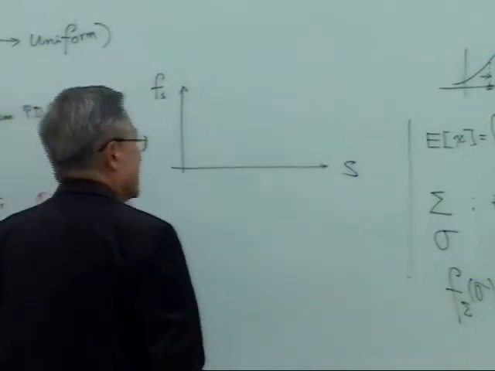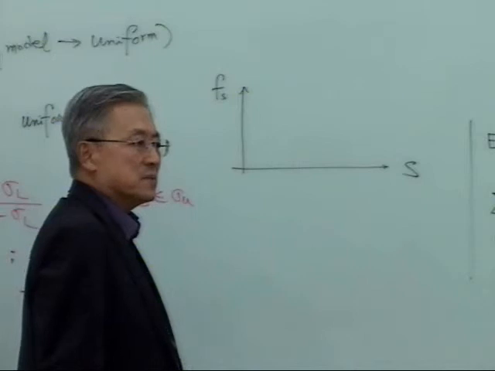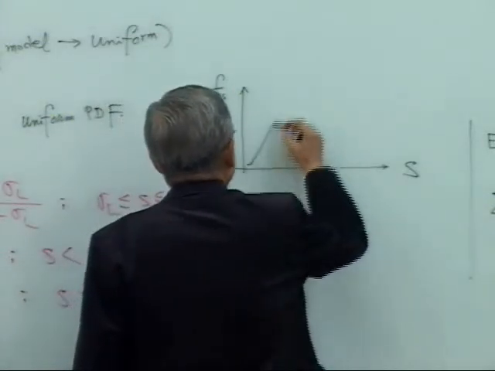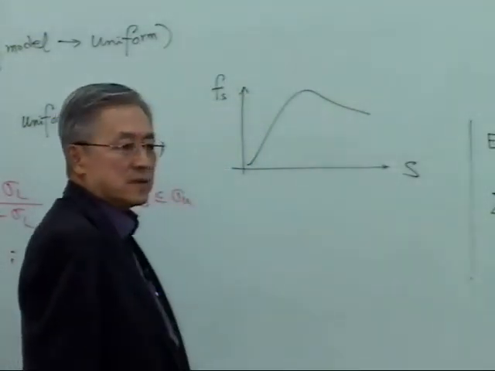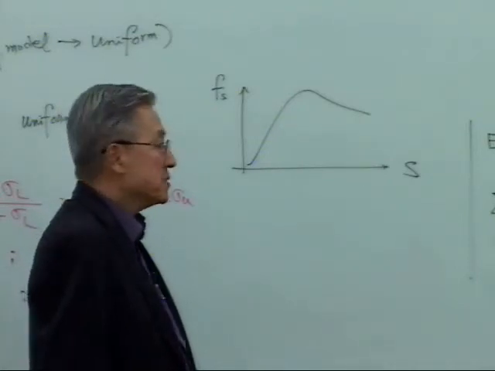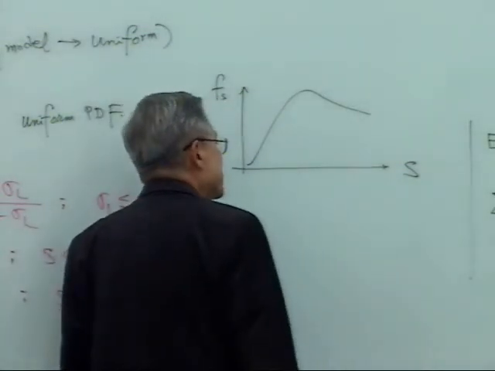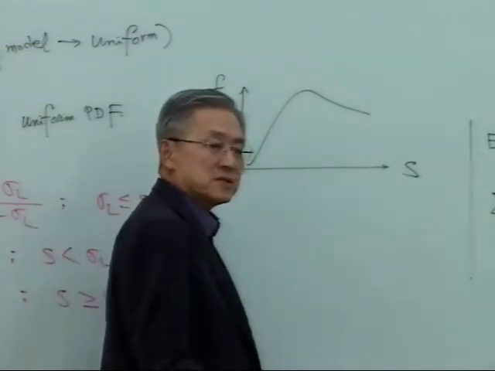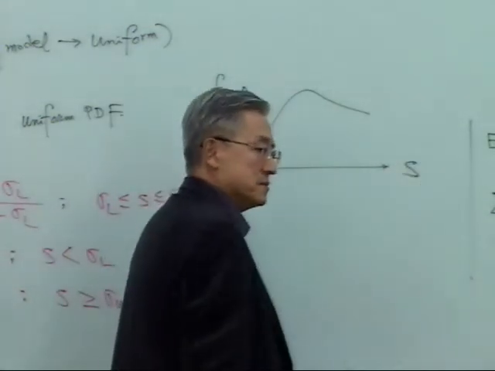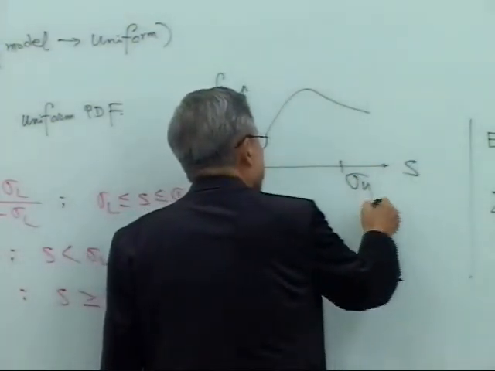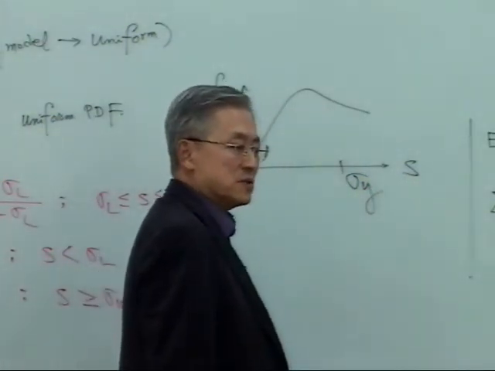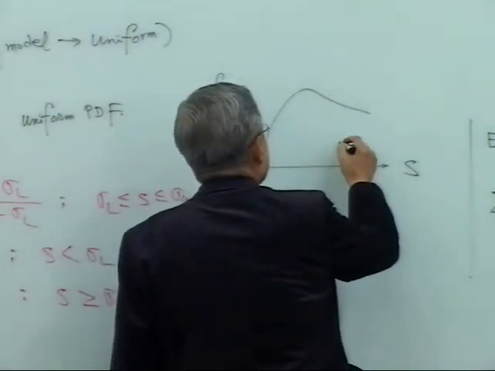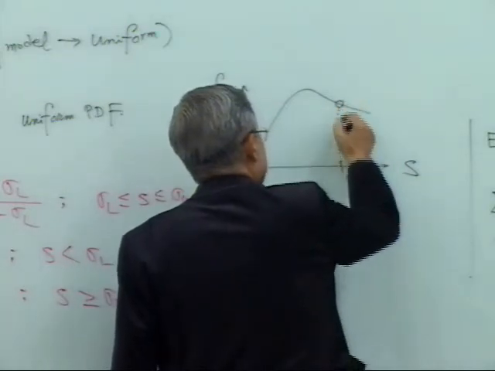In this case it's a straight line, but for some other type of model, you could have many different kinds of probability model. And as far as the resistance is concerned, it's deterministic. That's what we are looking for in this case. Deterministic, which means one value, sigma Y, the yield stress. Then this is all it cares about.